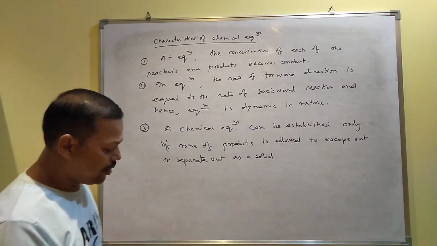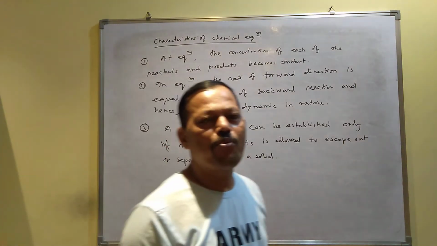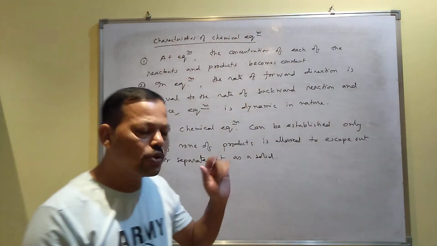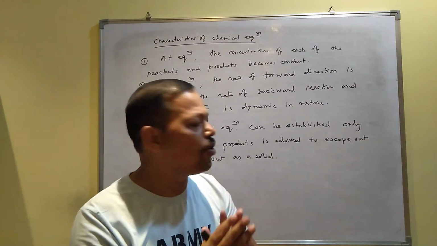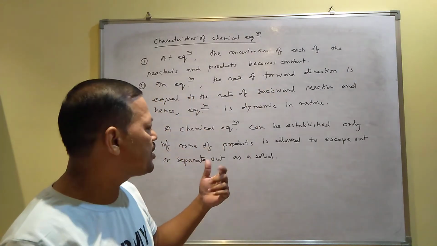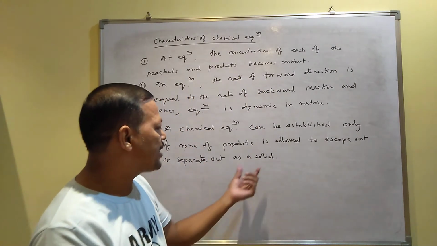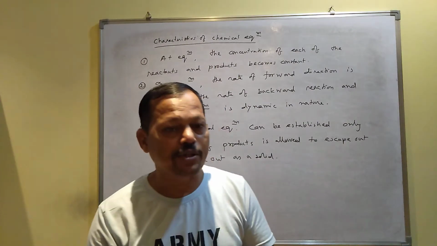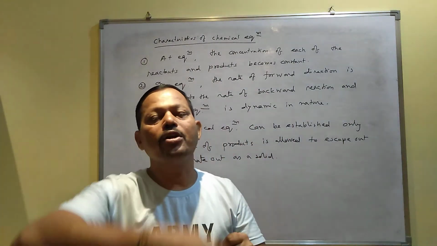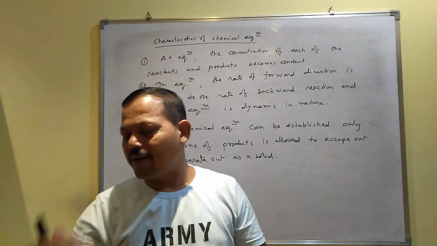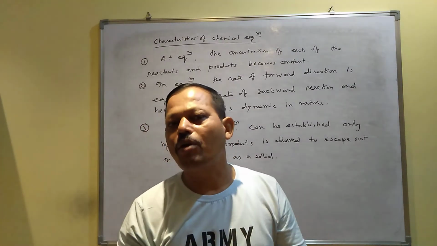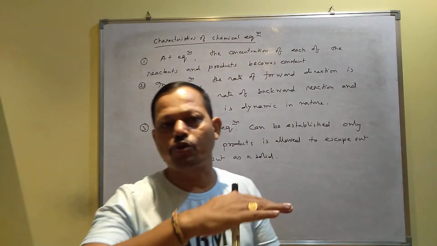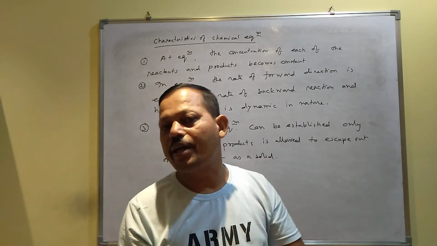See, what about this point? When you carry out a reaction, you know in a number of reactions some gases are evolved, in a number of reactions some precipitates are formed. For those types of reactions in which some gases escape out, or some precipitate is produced as a solid, you cannot establish the chemical equilibrium, because if the container is open, then the gas will go out. When the gas goes out, at that moment the backward reaction will not take place. That is why if you want to get the equilibrium state, the container must be closed so that the gas cannot go out, so that the backward reaction can take place.